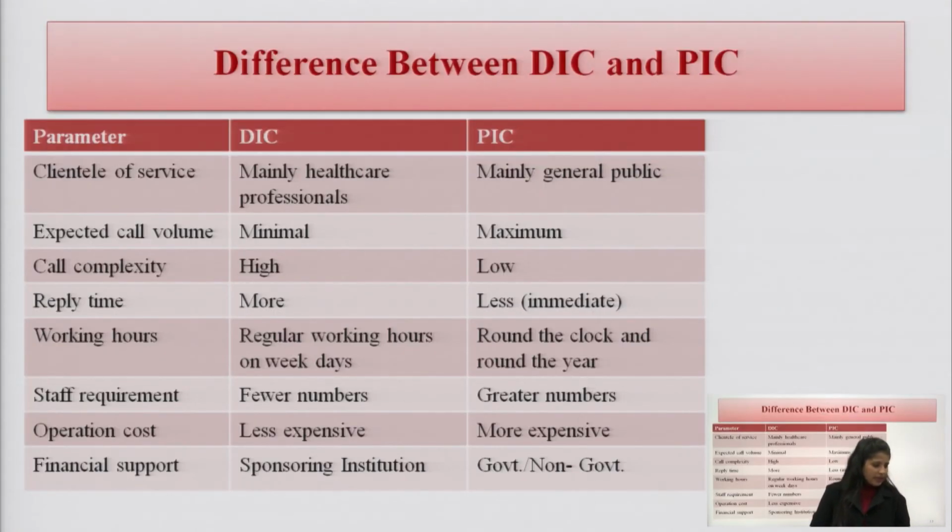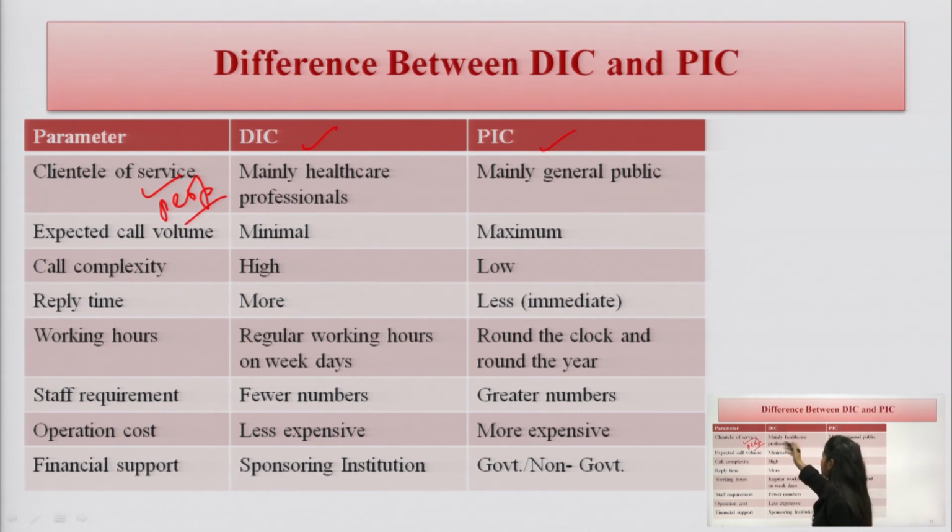Now let's see what we have discussed in the whole of the slides. Here we have the DIC and the PIC, meaning Drug Information Center and Poison Information Center. These are some of the basic differences. First, the clientele of the service, meaning the people who are asking the questions from the DIC or the PIC.